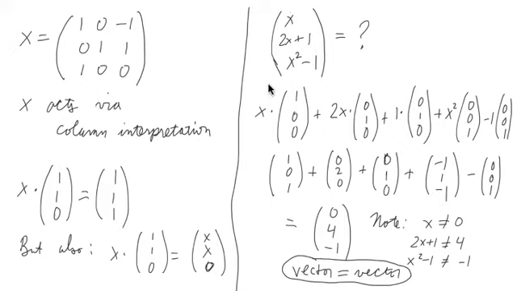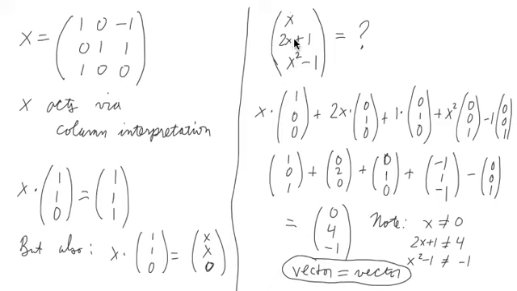Okay, so let's take a look at another example. Let's take a vector right here, x, 2x plus 1, x squared minus 1 as our entries. Now we can go through and dissect this to see what this really means as a solid vector. In fact, it's going to be this one. How is that?